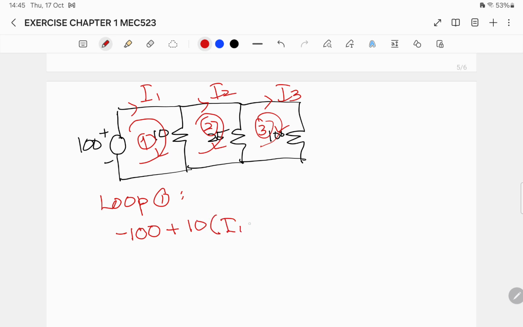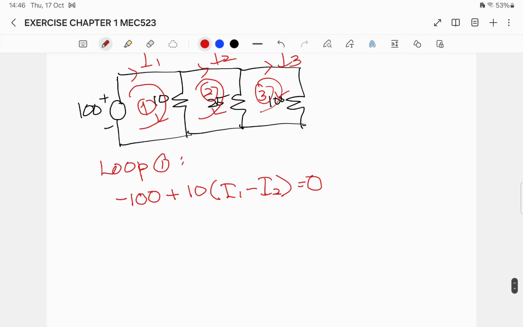I want equal to 0. Apa lagi I yang ada dekat 10 tu? Oh, ikut I1 minus I2 equals to 0. Okay, so saya tunjuk formula dia punya equation je lah. Nanti you guys tahulah untuk solve ya. Okay, loop 1.